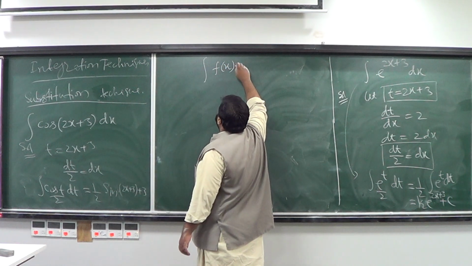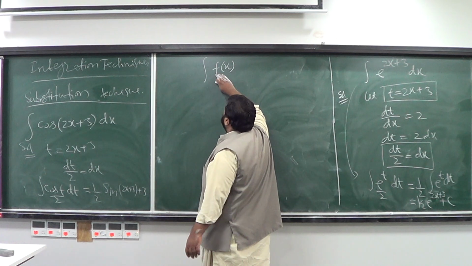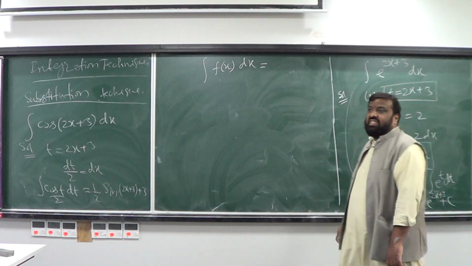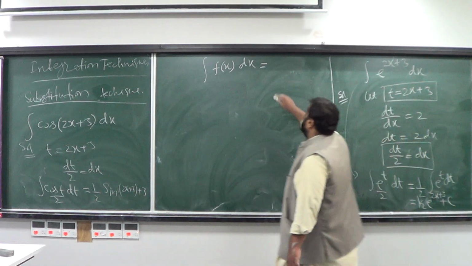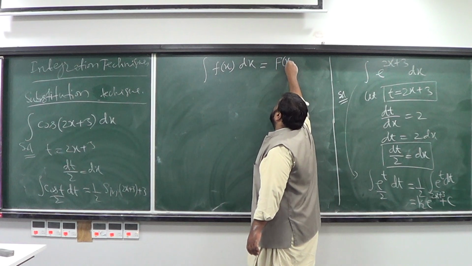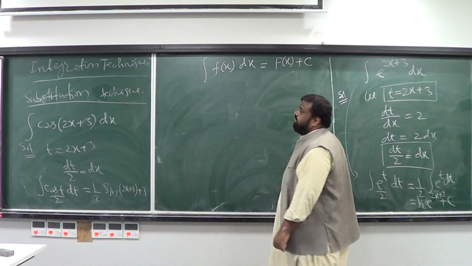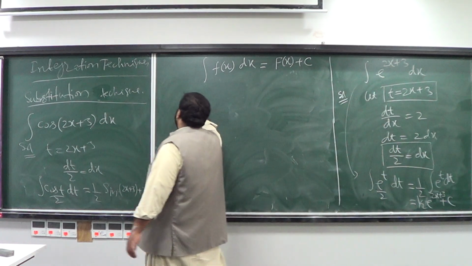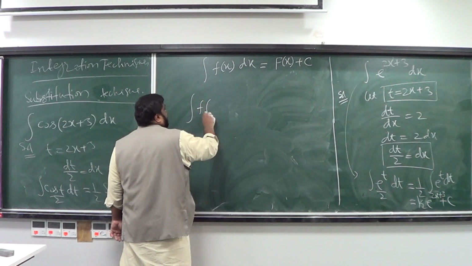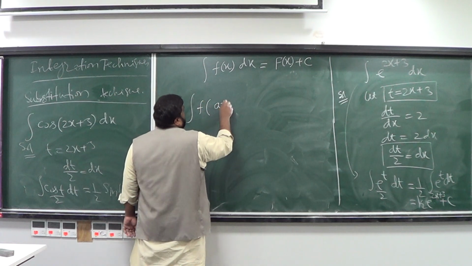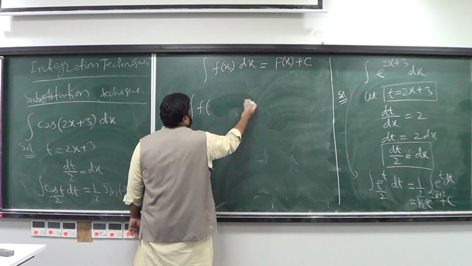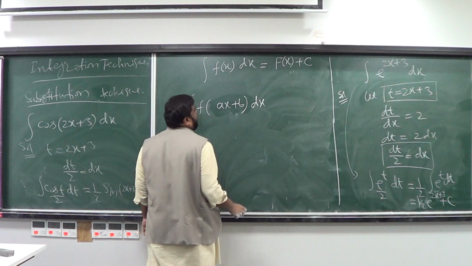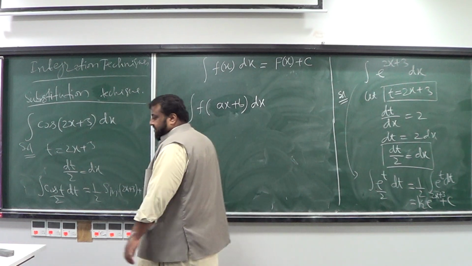For example, I have some function f of x dx, and I know that the antiderivative of this function is this capital F of x plus c. And this function is any function. Now what would be the integral of, say, f of ax plus b dx? The question is, what would be the outcome?